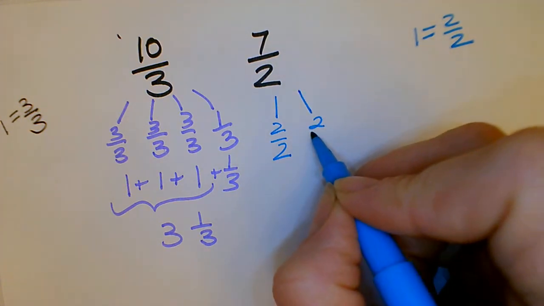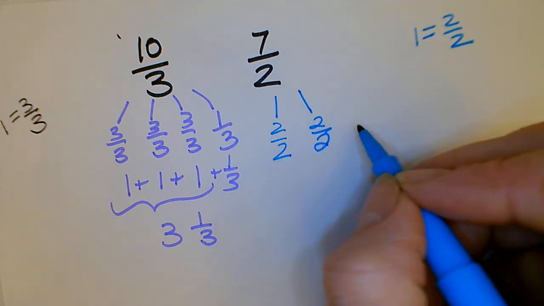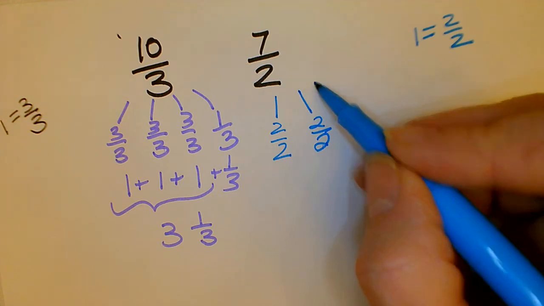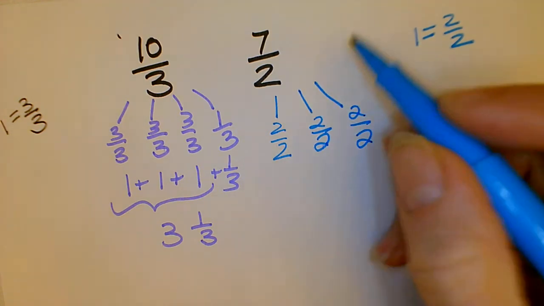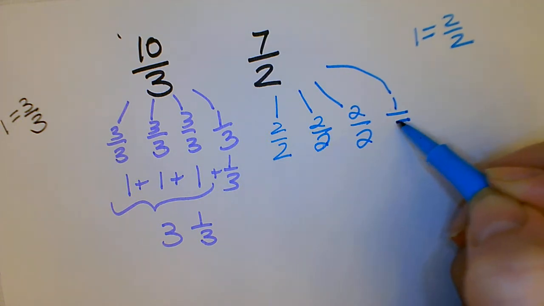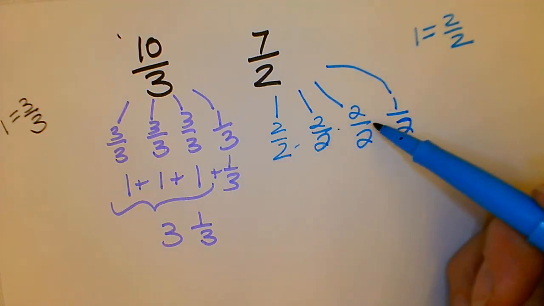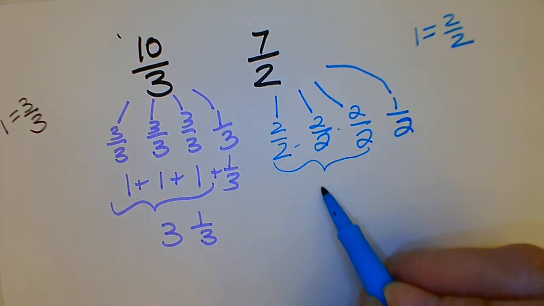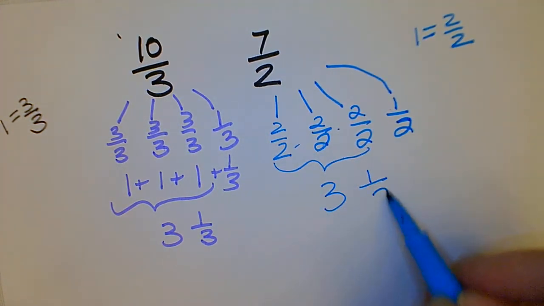I pull out another one. Now I have 4 out here, right? So I had 7, I have 2, 4, 6, and now I need just one more to make 7. So now we have 2, 4, 6, 7. All right. So now this is equal to 3 and a half.